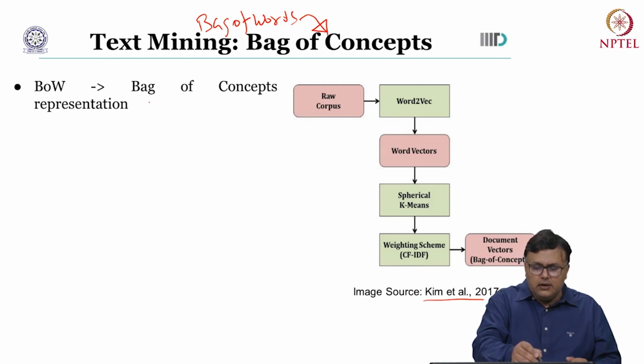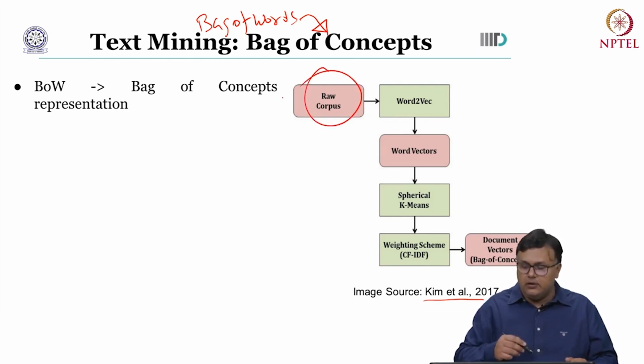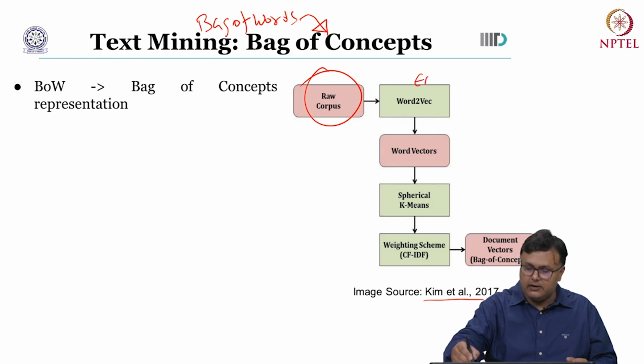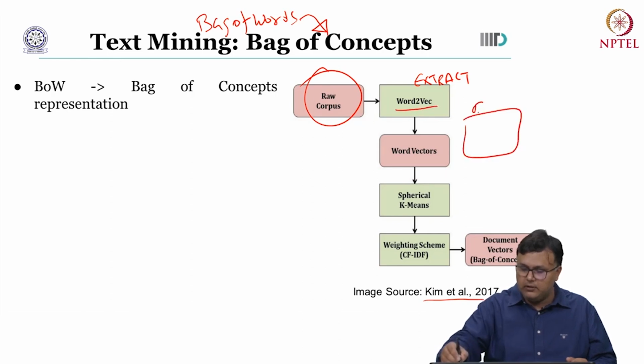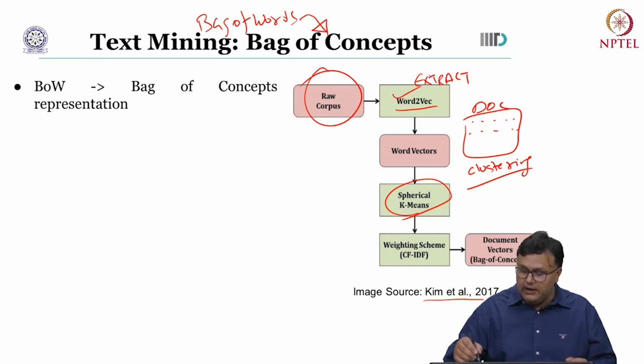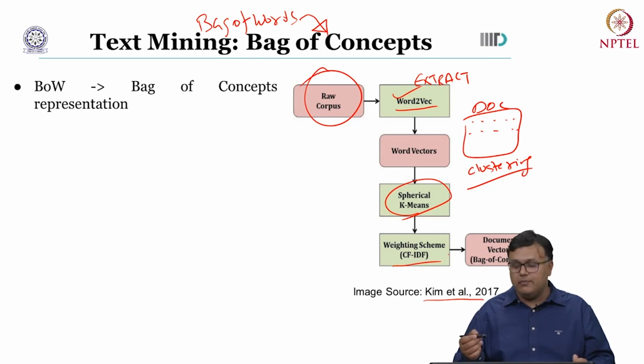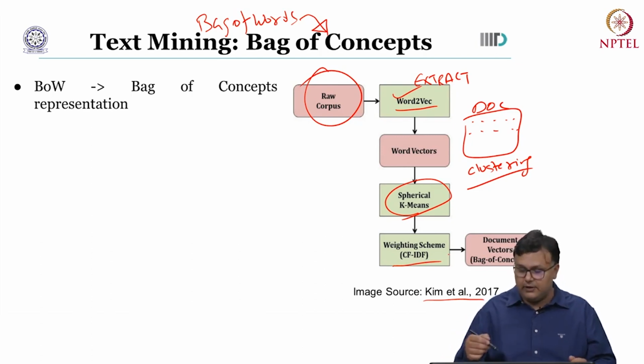In this, you have the raw text data coming in. You extract the representation using word2vec. Now, that gives you, for a document, the representation for each word. What we do is, we then compute a clustering on the representation which was extracted from word2vec, and later we do a weighted scheme similar to TF IDF which we have seen, right? So we are actually looking at the importance of each word.